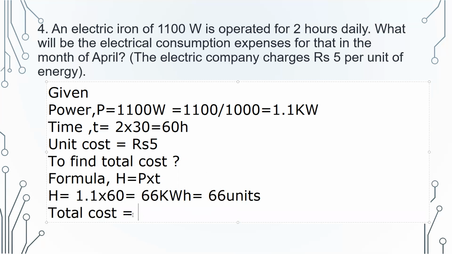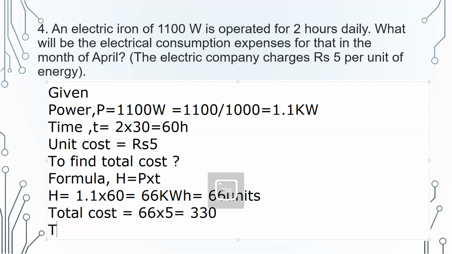Therefore, total cost is 66 into 5, that is 330. Total cost is equal to rupees 330.